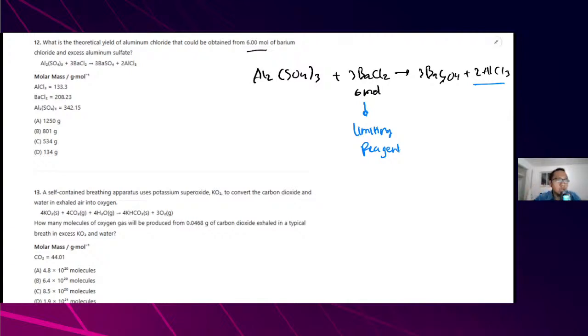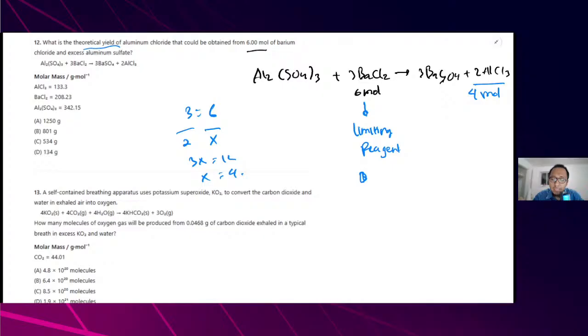Regarding that information, if 3 produce 6, how about if 2? 2 will be what? 3x equals 12, so x should be 4. So over here it should be 4 mol. Now the question is, what is the theoretical yield of aluminum chloride that could be obtained?